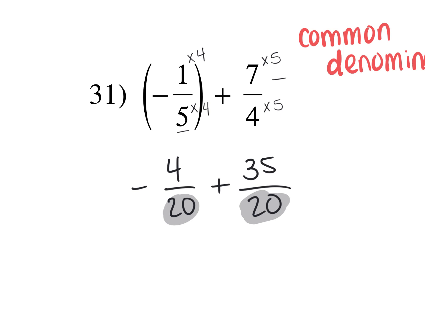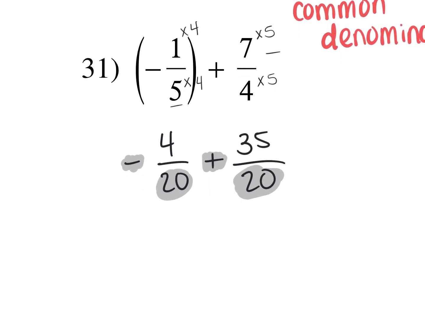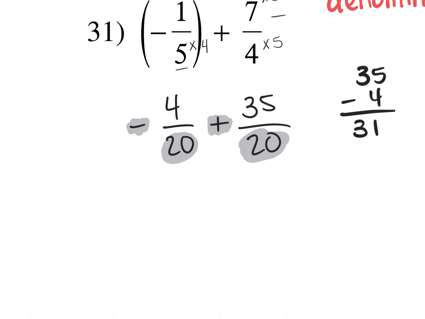Now, the first fraction is a negative, and the second fraction is a positive. It's a negative 4 and a positive 35. When you have negative 4 plus 35, you're going to subtract these two values. So we take 35 and subtract 4 from it. When you do this, you get 31. Now, follow the sign of the larger number. So it's going to be positive 31 over 20.